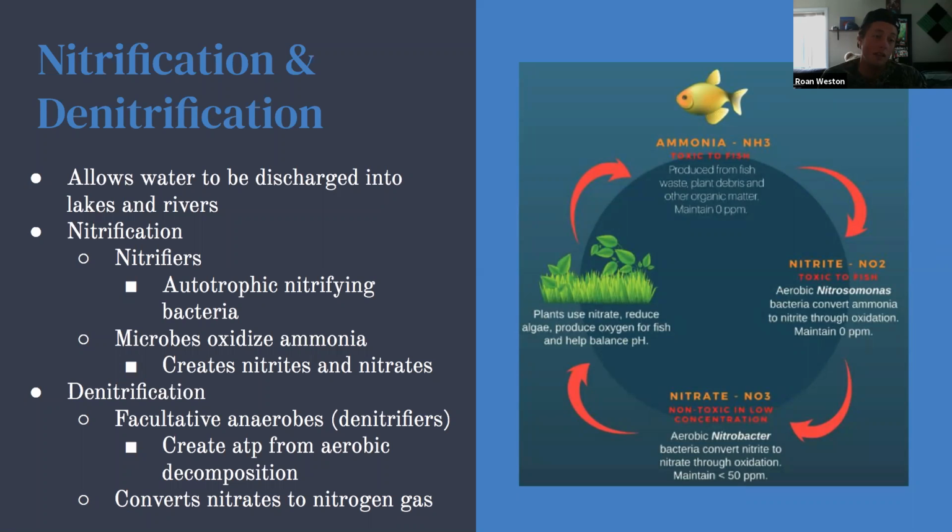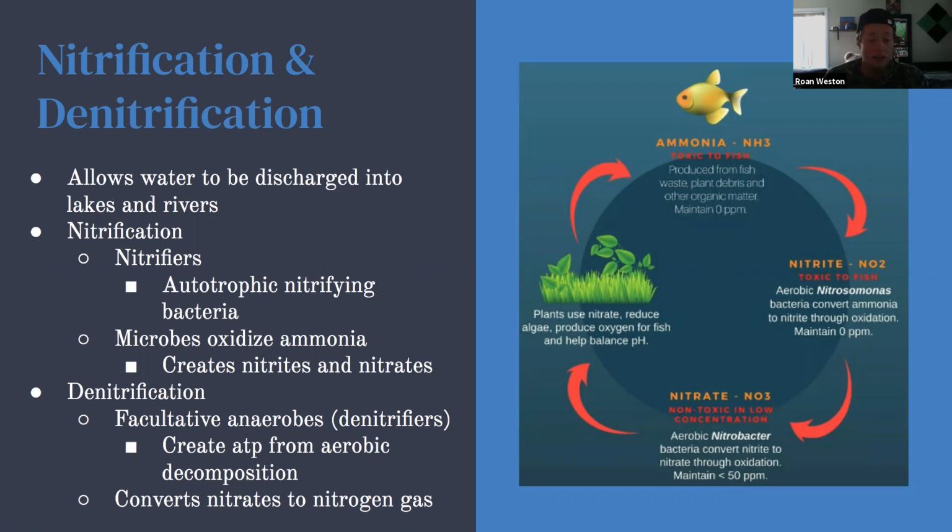In the process of nitrification, you utilize nitrifiers, which are autotrophic nitrifying bacteria. What they're going to do is oxidize the ammonia, and when you oxidize ammonia, you create nitrites and nitrates. Both of these compounds are less harmful to the aquatic environment.